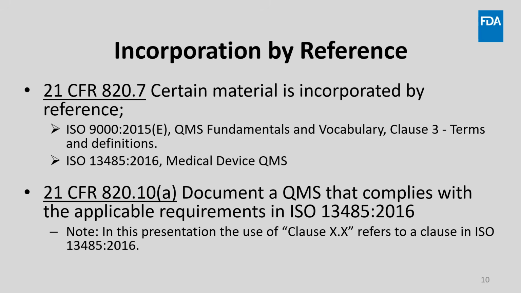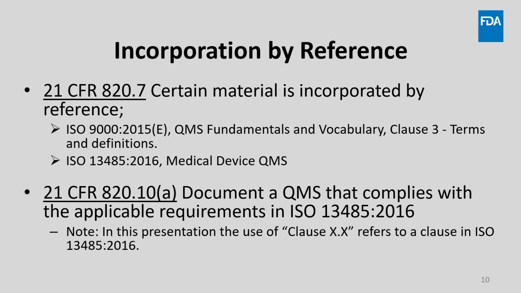The definitions for design and development, as well as the specific requirements for it, are incorporated by reference in ISO 9000:2015, QMS Fundamentals and Vocabulary, Clause 3, and ISO 13485:2016.